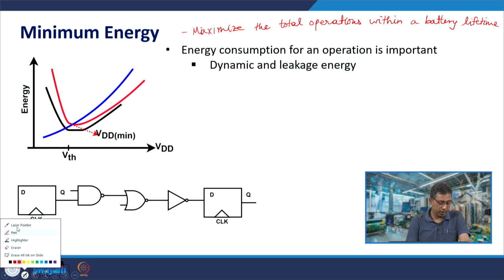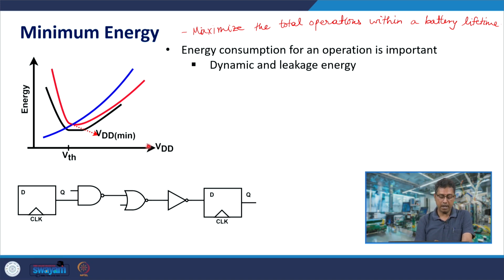So, what we find is that as you reduce the supply voltage, the energy consumption per operation reduces. The blue one is the dynamic energy, and the black one is the leakage energy. Now, leakage energy keeps on reducing in the above threshold regime. That you can see because of the DIBL.